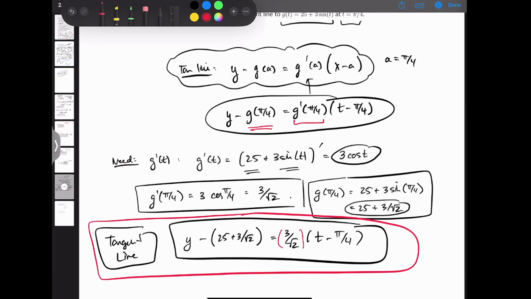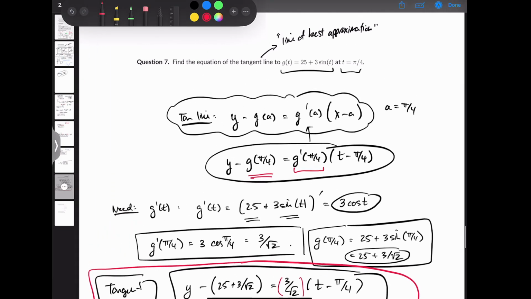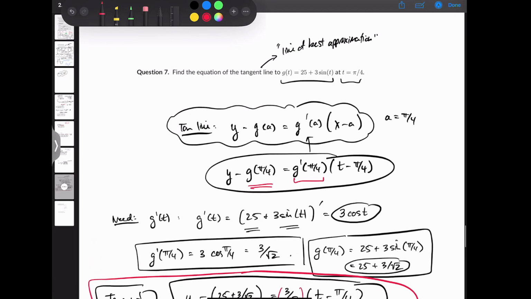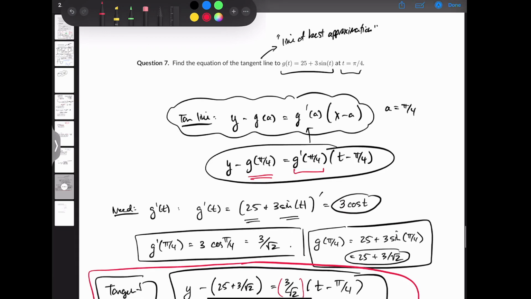And so what you can use this to do is approximate values a little bit after this point and a little bit before this point. Okay, and there are some problems where we do that. It's called the tangent line approximation, and we have a whole section devoted to this coming up. But I wanted to give a little bit of an applied problem in the midst of just grinding out derivatives.